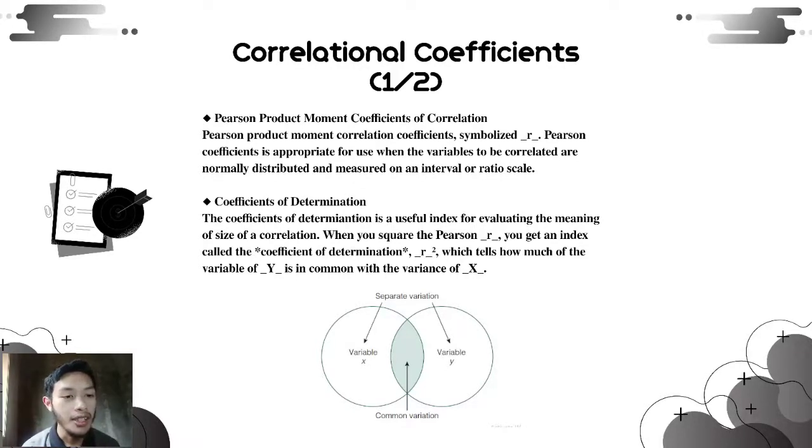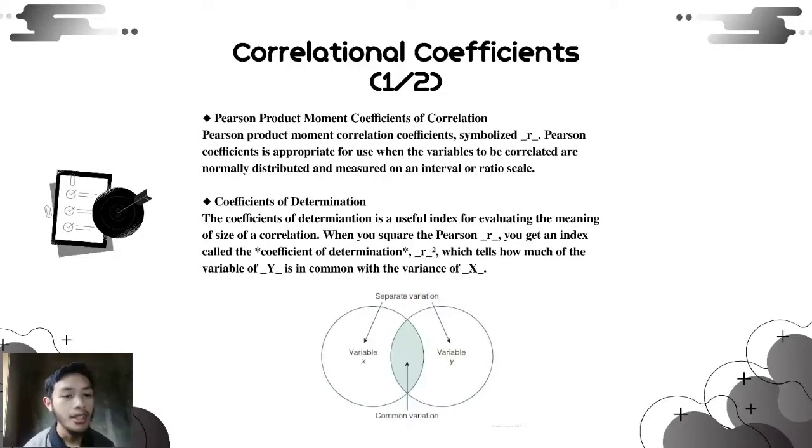Here we will discuss four kinds of coefficients. The first is the Pearson product moment coefficient, then the coefficient of determination, then the Spearman rho coefficient, and the last is the phi coefficient.